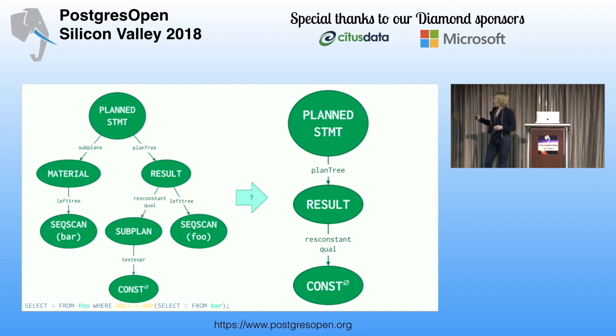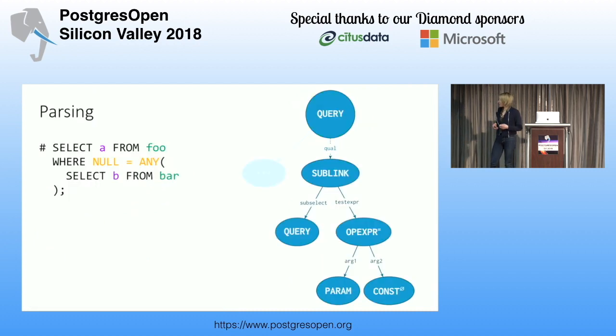I don't have a proof for you other than the null semantics. It's never going to be true, so I think it's right. Then you have to start thinking about how you go from that tree to the tree you want, and you have to insert some new logic somewhere during the planning process.